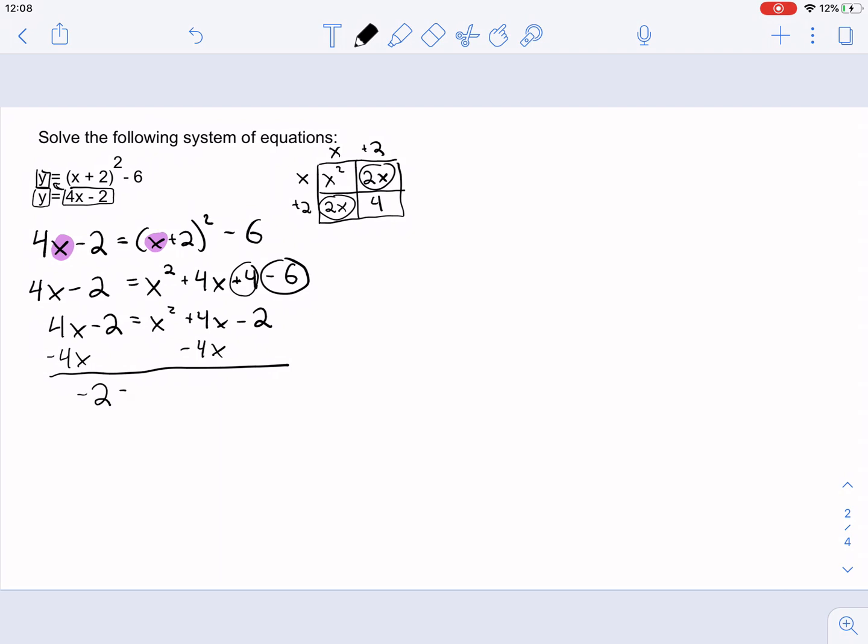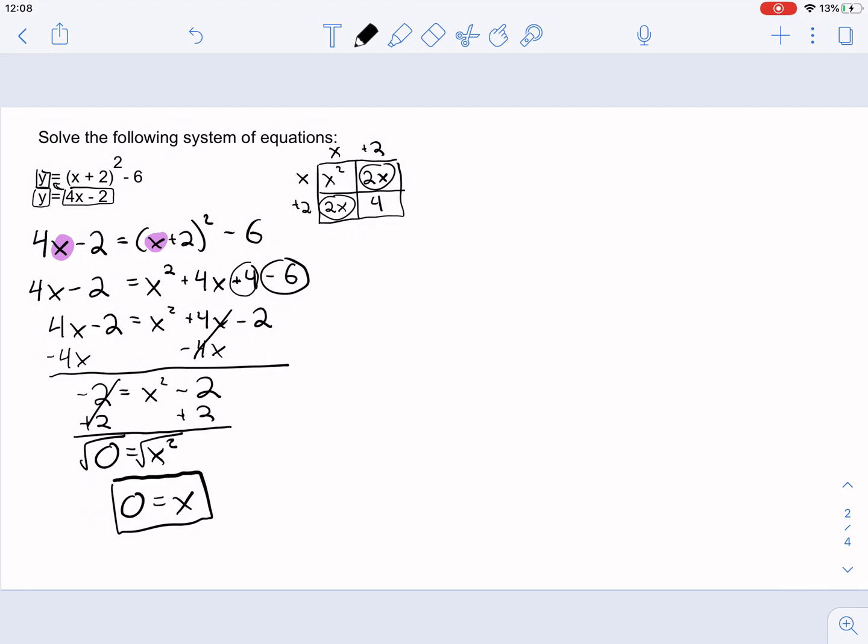I'm left with negative 2 equals x squared plus 4x minus 4x, which just cancels out, minus 2. Now I'm going to add 2 to both sides. Negative 2 plus 2 cancels out. So I just have 0 equals x squared. All I have to do here is take the square root, and I get that 0 equals x.